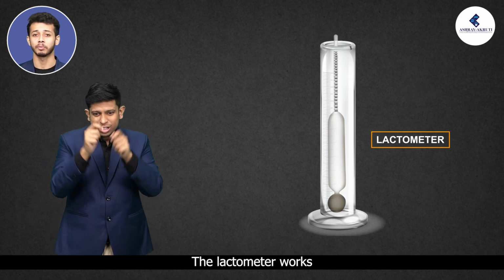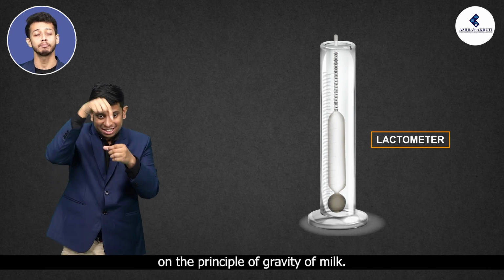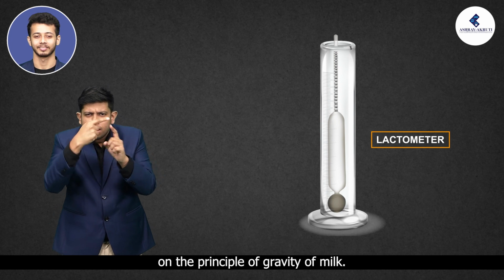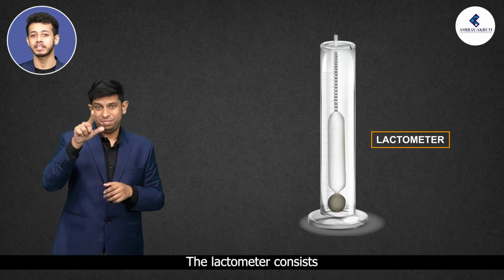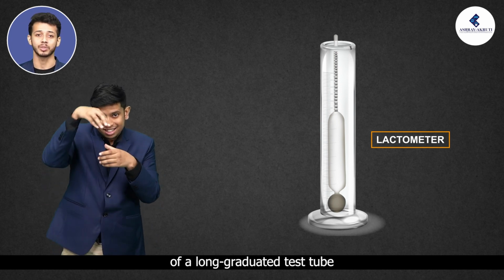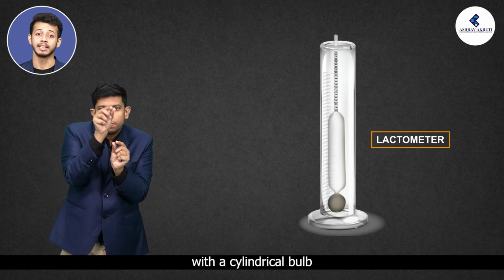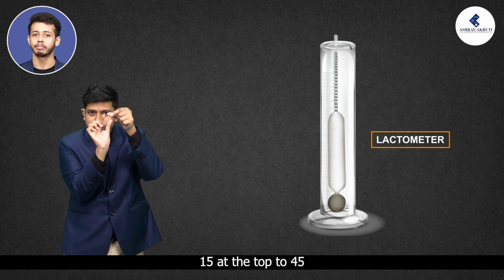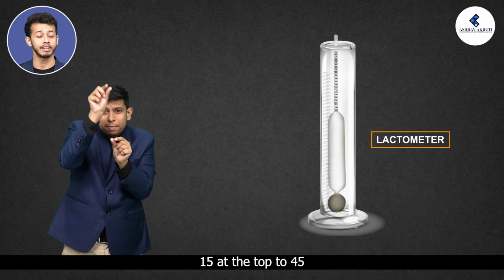The lactometer works on the principle of gravity of milk. The lactometer consists of a long graduated test tube with a cylindrical bulb, with the graduation ranging from 15 at the top to 45 at the bottom.